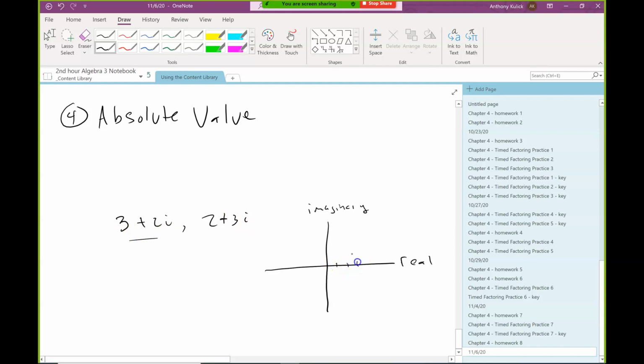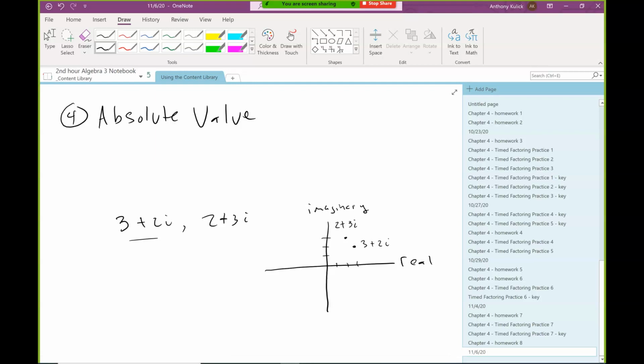And then 2 plus 3i would go 2 over and 3 up. So in order to place these in relation to each other, we need to use a two-dimensional space. Everybody's okay with that idea?